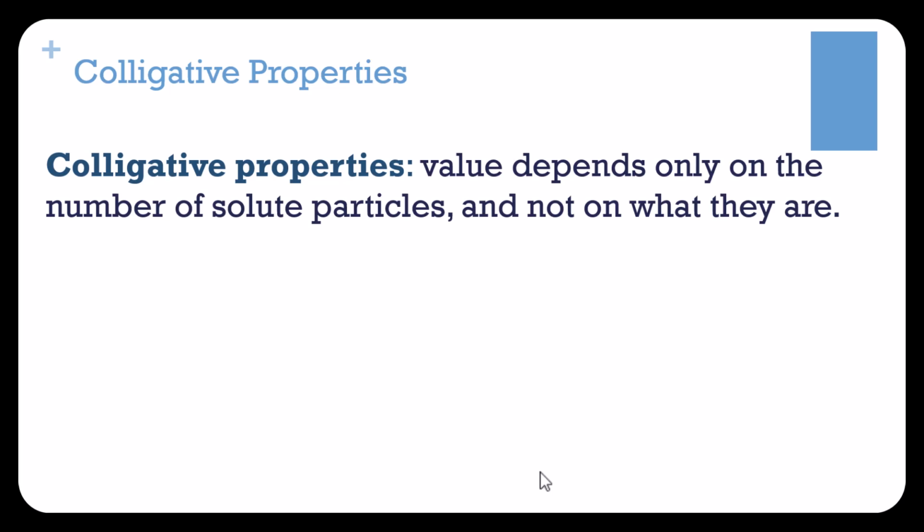But now we are no longer concerned with what particle is dissolved in solution. We're more concerned with how many particles are dissolved, and we're going to look at a series of properties that are affected by the number of particles in solution.